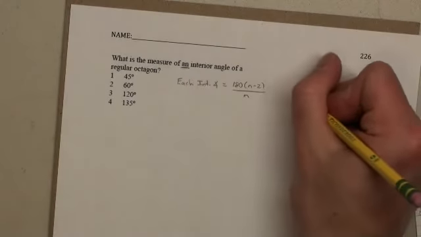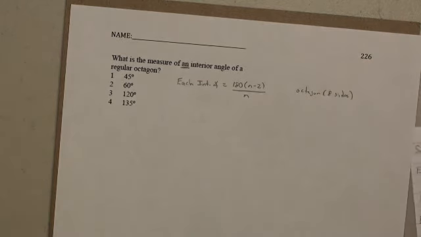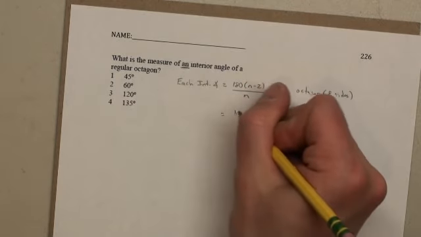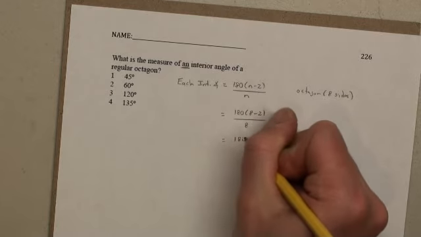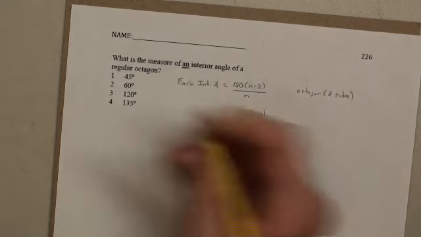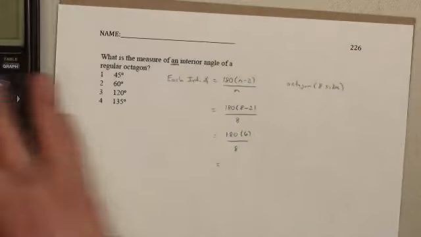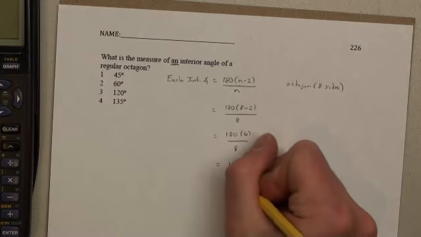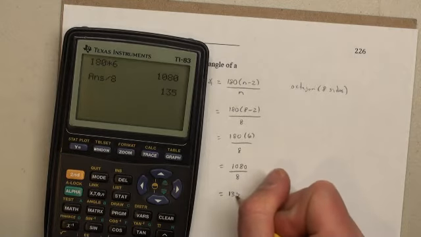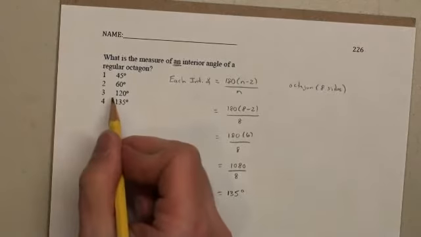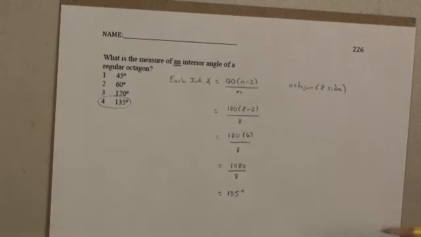So for an octagon, which has 8 sides, our n is 8. So we have 180 times 8 minus 2 over 8. That's 180 times 6 over 8. That's 1080 over 8. That's 135 degrees. Choice 4. So the measure of each interior angle of a regular octagon is 135 degrees.